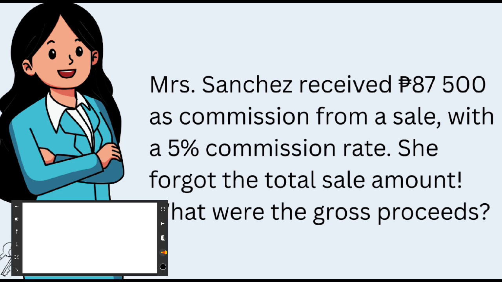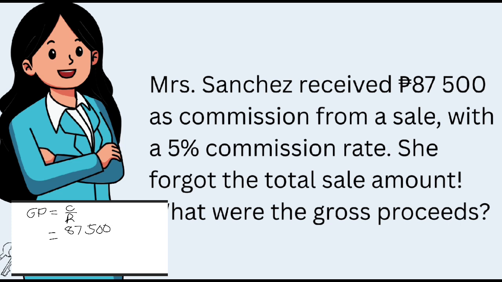So in this given situation, we will use the formula GP is equals to C divided by R, wherein the commission is 87,500 and the rate is 0.05. So 87,500 divided by 0.05 is 1,750,000 pesos.